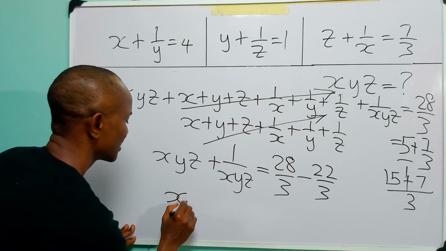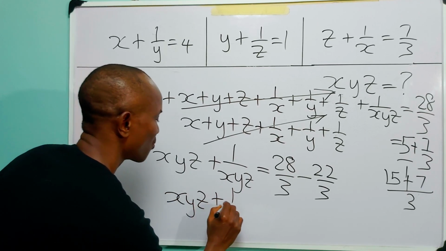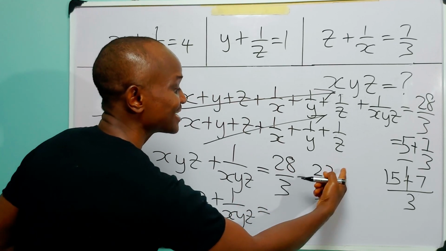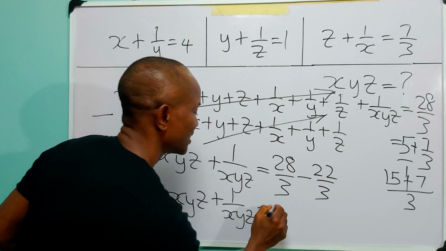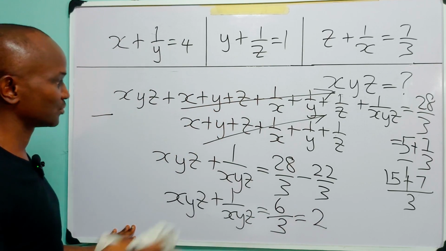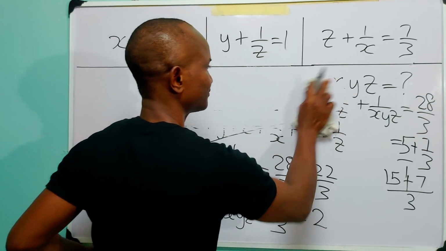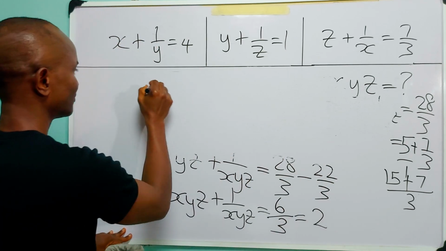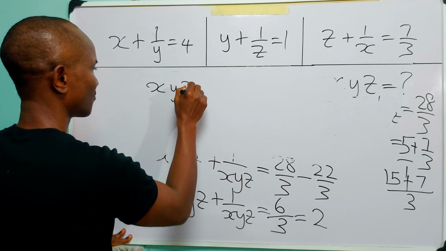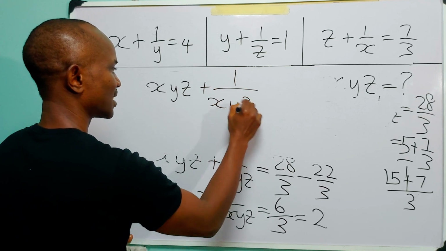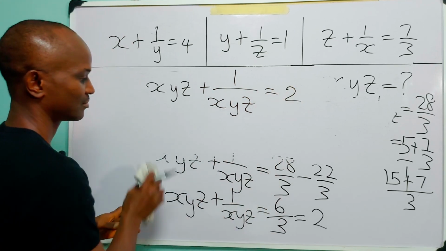From here, we have that xyz plus 1 over xyz is equal to 28 minus 22, which is 6 over 3, which is equal to 2. And we have that xyz plus 1 over xyz is equal to 2.